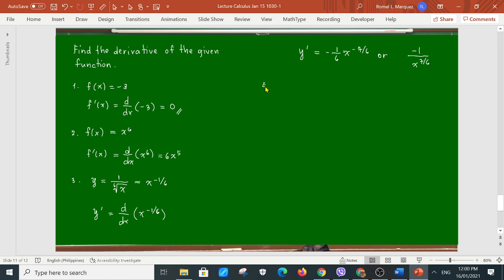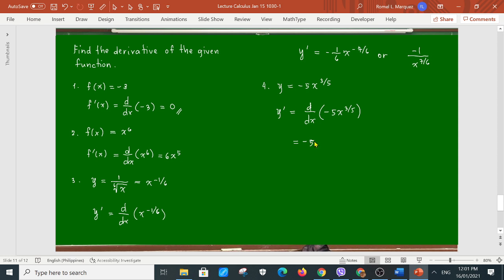You practice finding the derivative. If I have y is equal to negative 5 x to the 3 fifths, then y prime is equal to the derivative with respect to x of negative 5 x to the 3 fifths. Isn't negative 5 a constant?